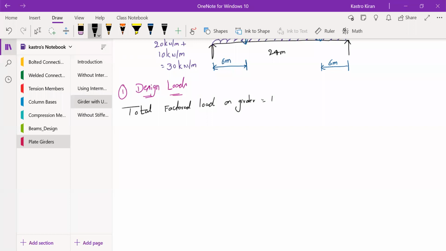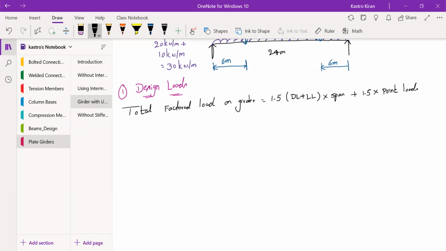That equals 1.5, which is the partial safety factor, into dead load plus live load, into span, plus 1.5 times the point loads.